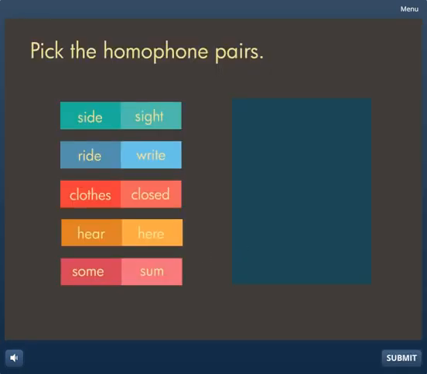Read each pair of words out loud. Drag the homophone pairs into the answer box.